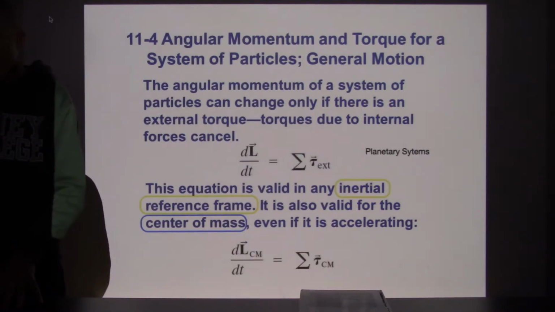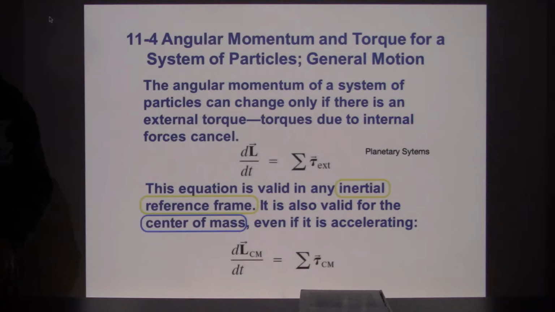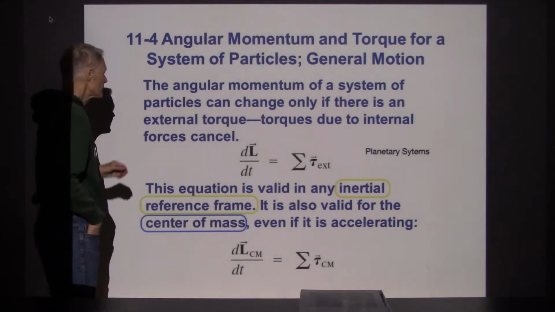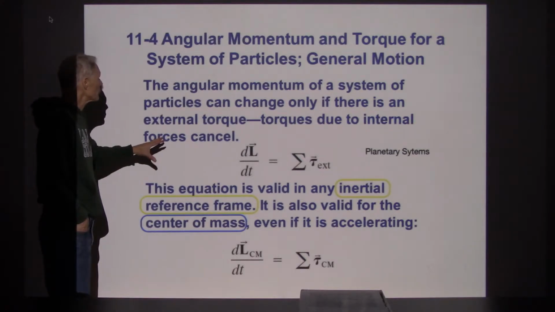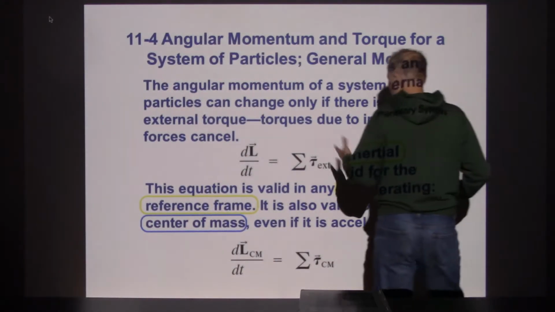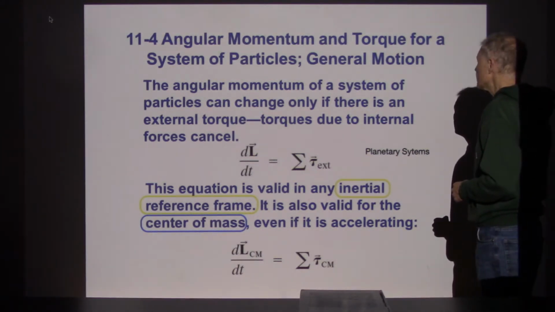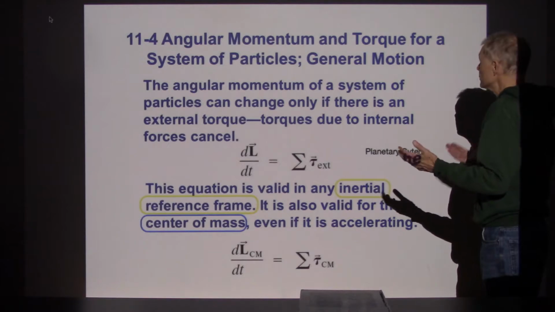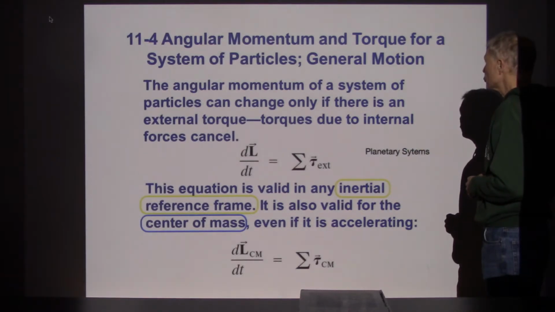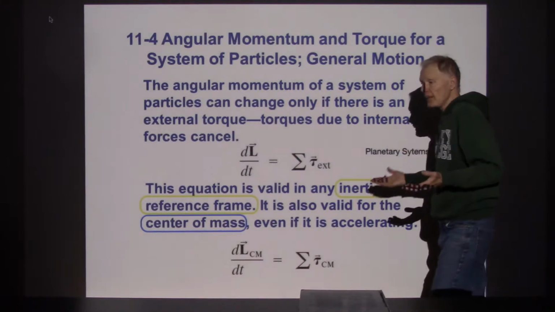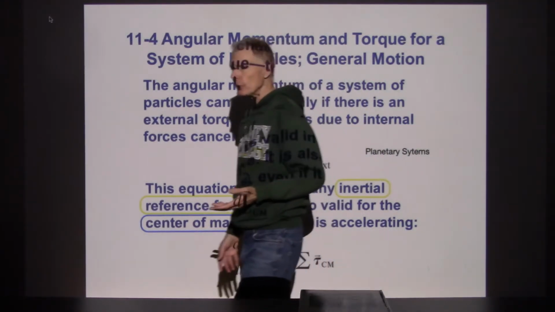Okay, now there's some stuff here that we want to go through conceptually and understand what's going on. The math itself we're not necessarily going to be using here, but it says that the angular momentum of a system of objects can only change if there's an external torque. So a good example of this would be a planetary system, something like the solar system.